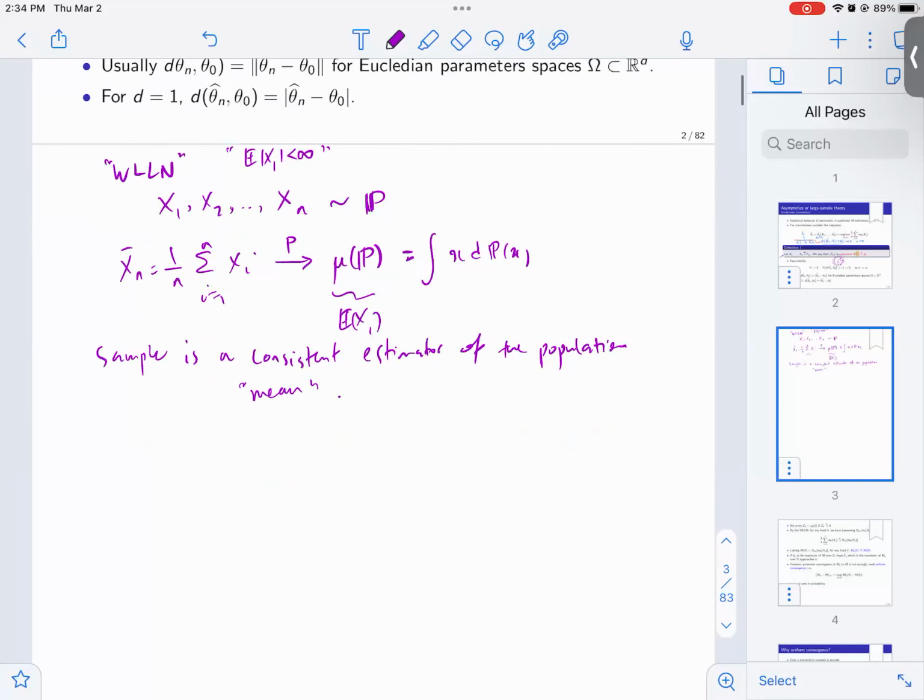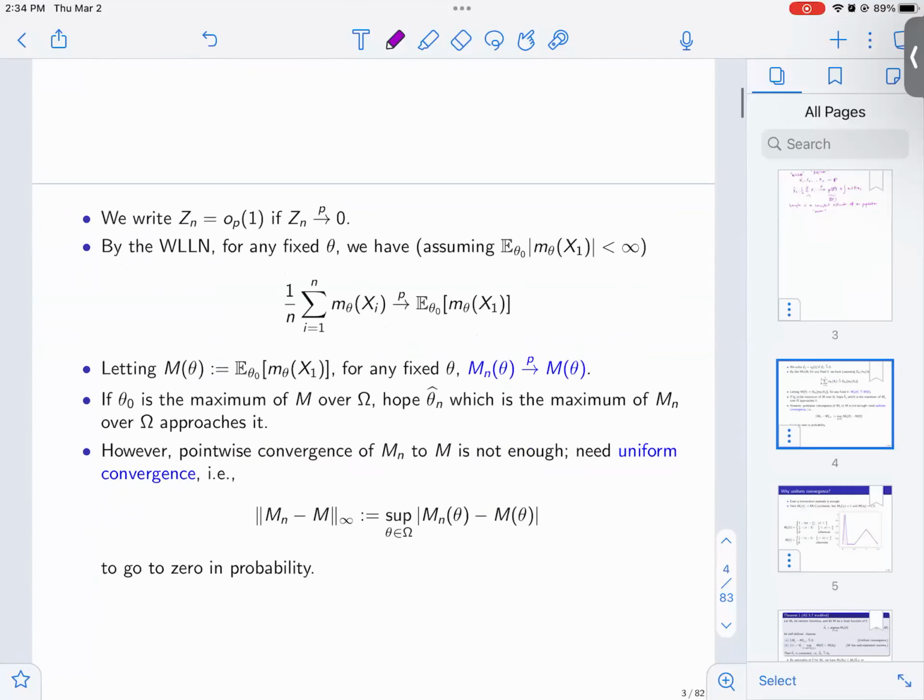So let's apply this to the M-estimation that we had. We had this empirical average, like a sample mean, and we wanted to maximize it over theta. Assume that under the true parameter, if I take the expectation of m theta applied to one of these samples, this is finite.